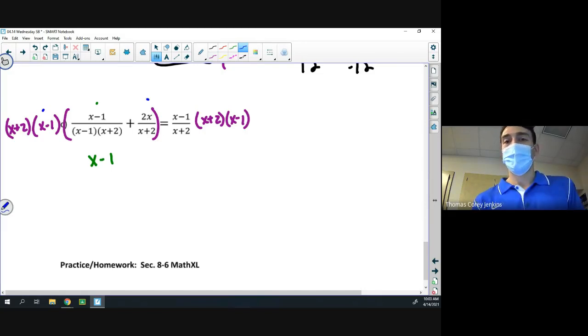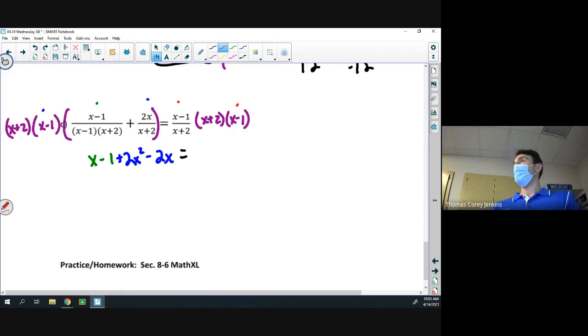So that'd be plus 2x squared minus 2x. And on my last fraction, the x plus 2's cancel, so we just end up with x minus 1 times x minus 1. So if we think through it, it would be x squared minus 1x, so minus 2x. And then plus 1.